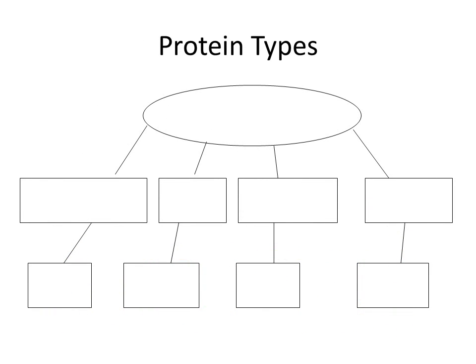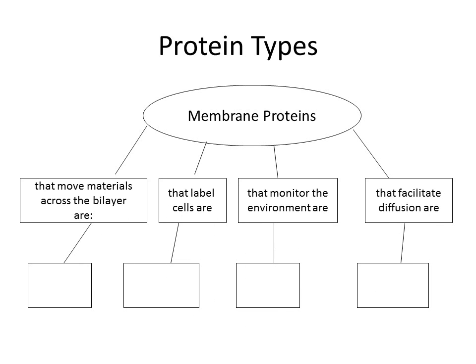To help you organize your thoughts on these protein types, I've compiled this little concept map to help you visualize what's going on. If you take all membrane proteins, they can be divided into four distinct groups. Those that move materials across the bilayer are called transport proteins, and they will be either tunnels or have specific shapes that allow molecules and ions to pass through.